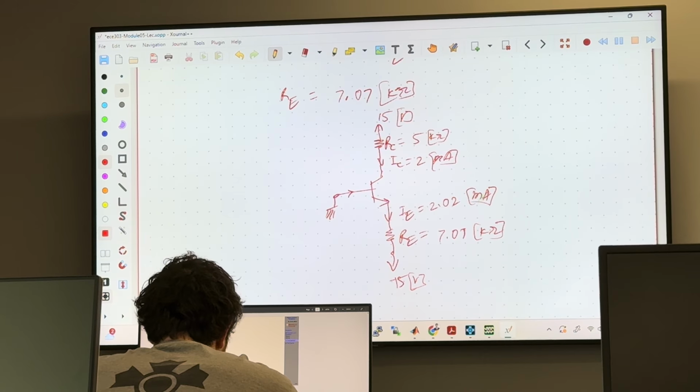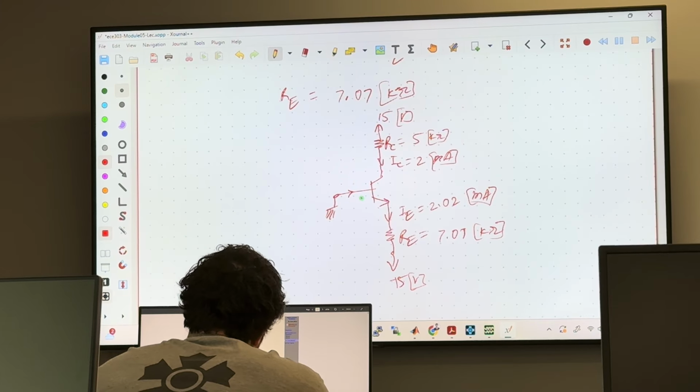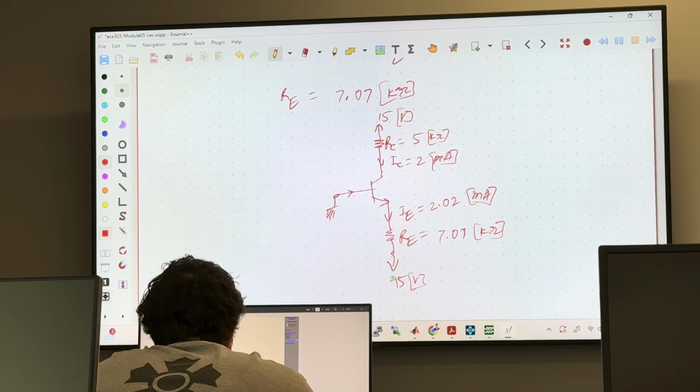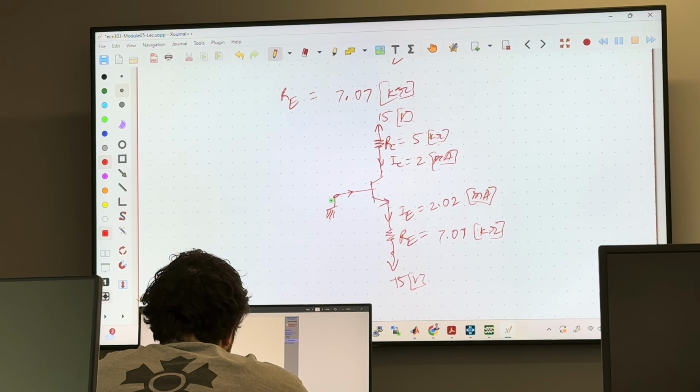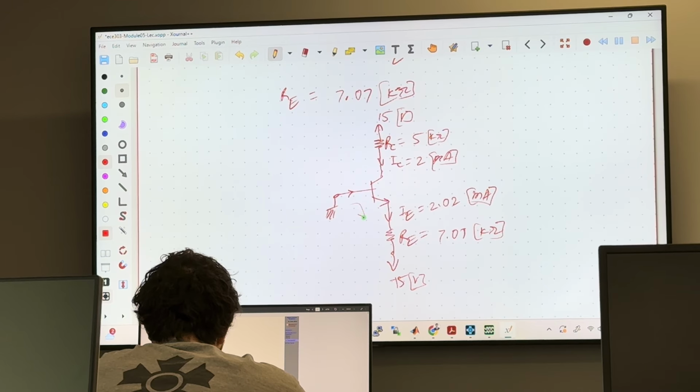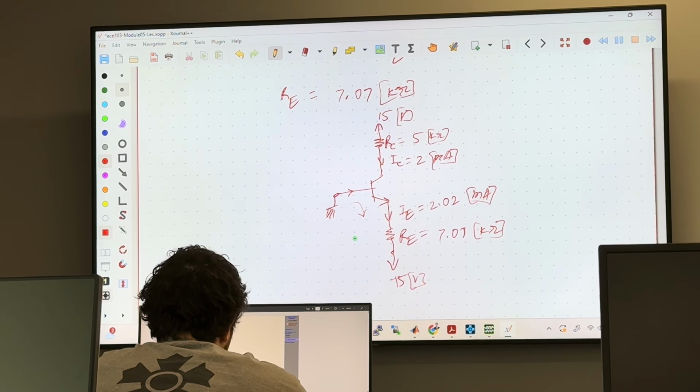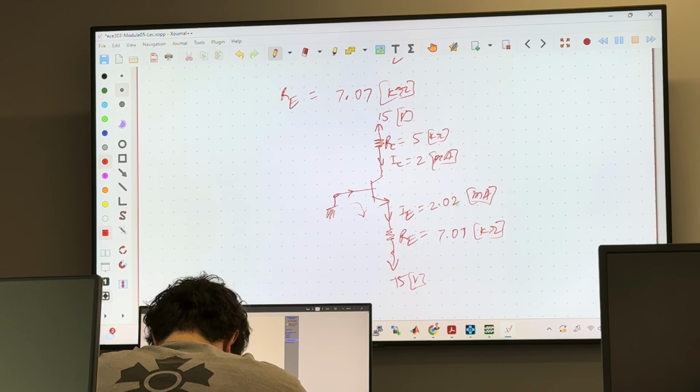As you can see, it is almost IC, but because of small base current that is flowing, because this voltage is negative compared to the base. You see that? This voltage is negative compared to ground. So you will see a small base current flowing. So that is the reason it is 0.02.